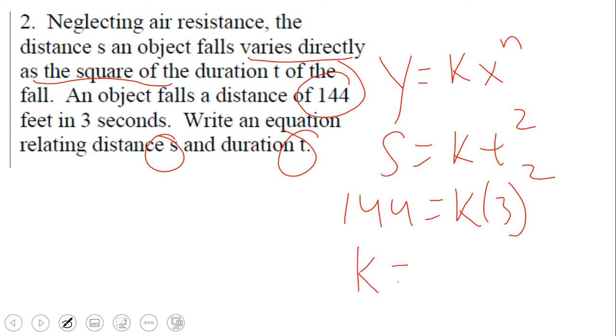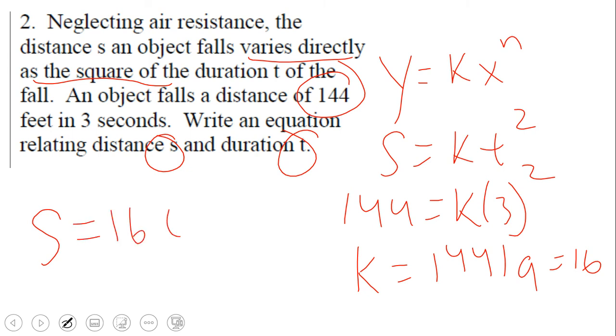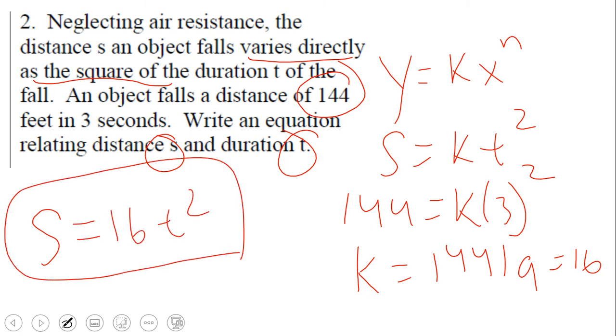In order to solve for k, you're going to do 144 divided by 9. 144 divided by 9 is 16. So that's how you know that you're going to get s equals 16t squared. And that should actually look familiar. That 16t squared, we'll talk much more about that in the next chapter, but that's ultimately what you're looking for.